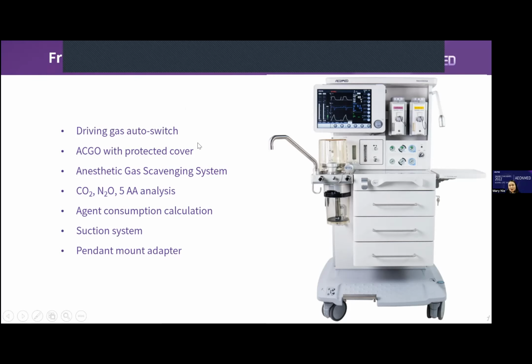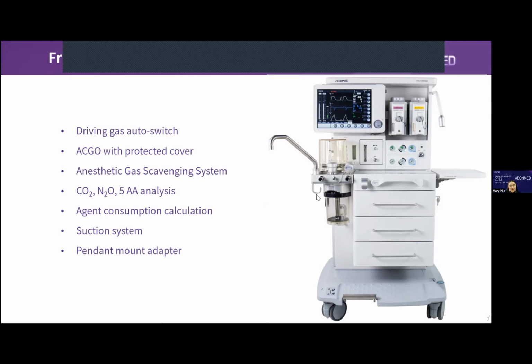This is an optional one, but it also helps us save the oxygen gas resource. So once my anesthesia workstation senses there is medical air, it will auto switch to use the medical air as the driving pressure. It won't use the oxygen.